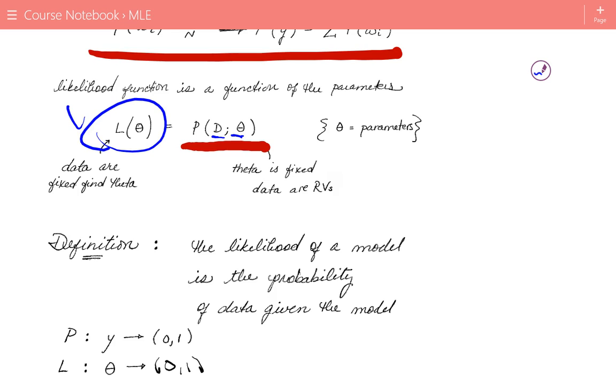It's the parameters that we are going to search over to try to maximize this function. So the likelihood function is considered a function of the parameters, whereas a probability is considered a function of the data, and if it's a family probability, it's a function of the data and the parameters.